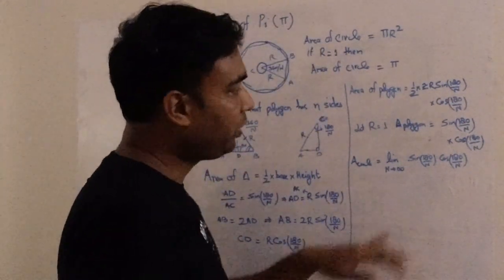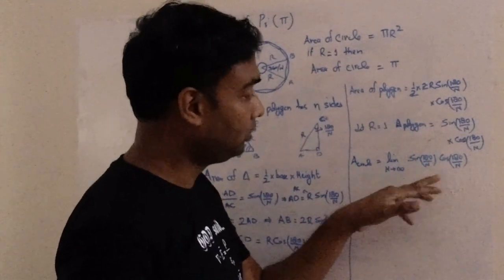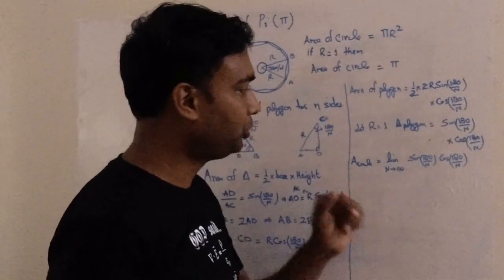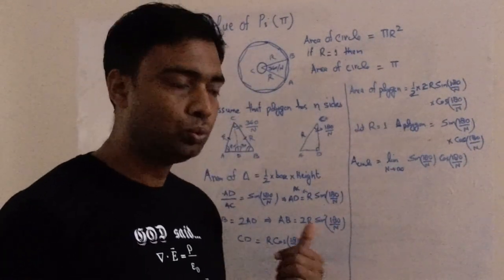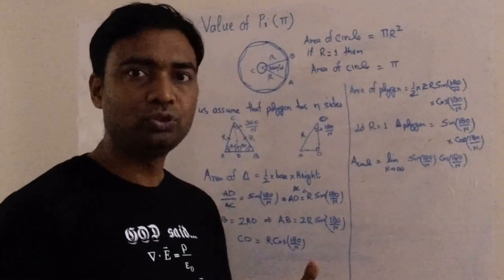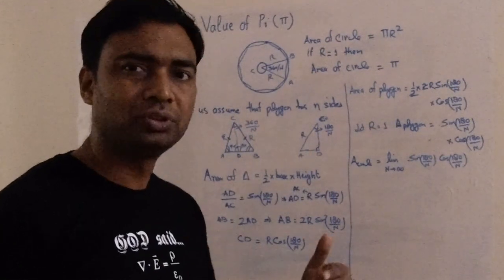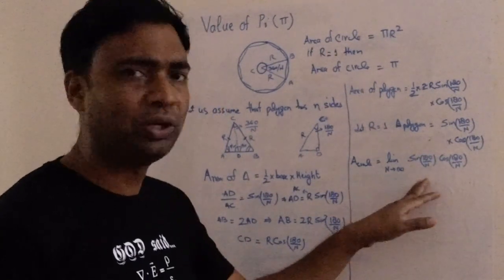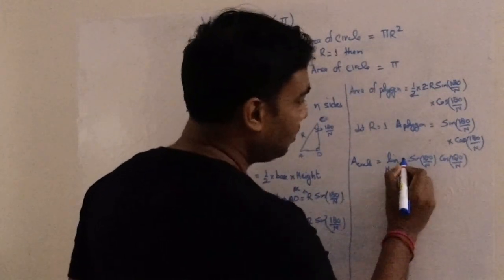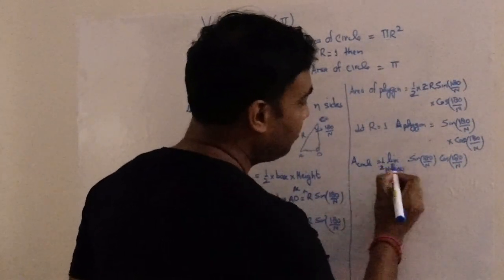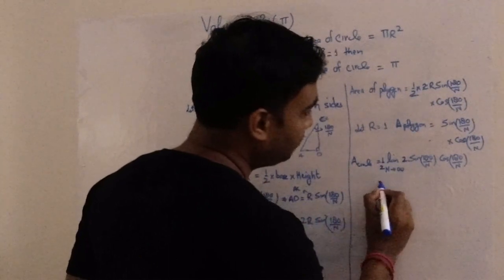Okay. Now we can do one substitution here. We have a formula in trigonometry that 2 into sine A into cos A is equal to sine 2A. So we can apply the same formula here to simplify this. Here I will divide by 2 and multiply by 2, so this will not change anything.